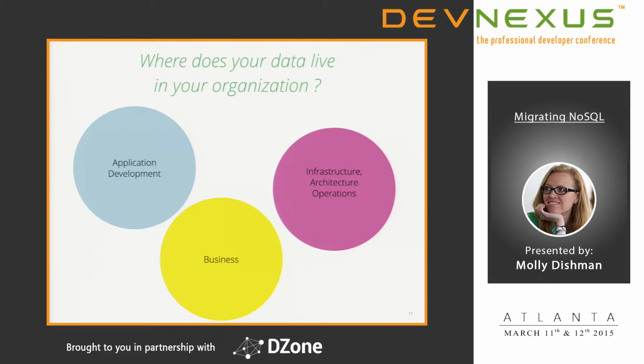You have the operations people who, in lots of organizations, are actually in charge of making sure databases are up and running, making sure the right people have the right access. So all these people, in some way, are responsible for the data of an organization. That also makes change harder. That makes understanding your data and changing it harder.